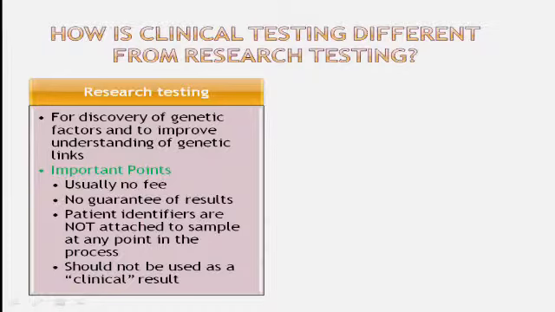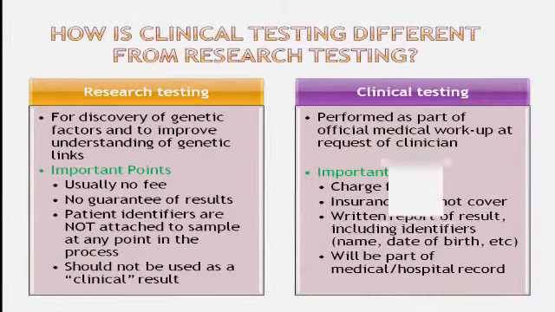There's no guarantee of results because this is done in a research lab for purposes other than providing information to patients, although in some cases we return some information to patients if they've signed a consent form. Patient identifiers aren't linked to the samples, and this is really not a substitute for a clinical test.